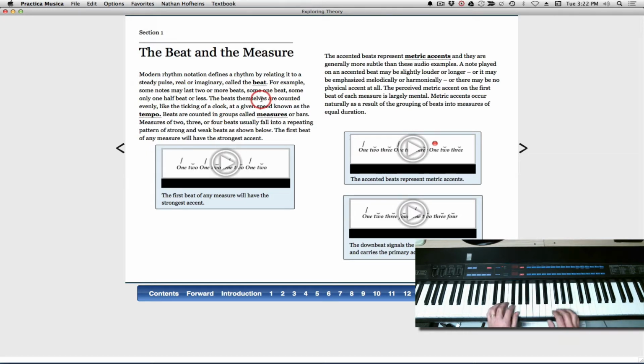If I were to play this, you might try to think, okay, where's the beat? I've got different rhythms going on, right? So that's the underlying beat, and you can have all kinds of different things going on.